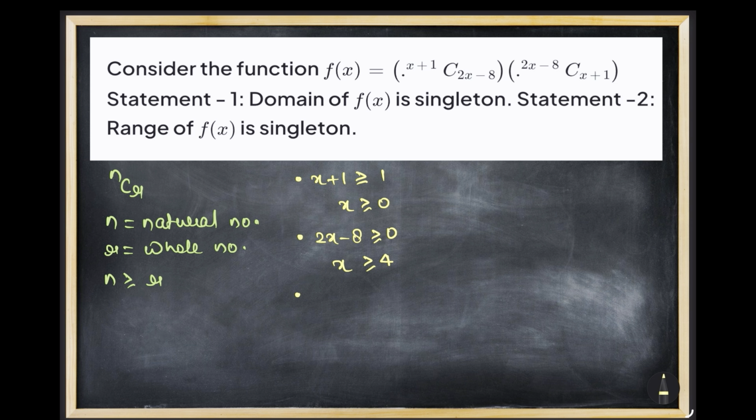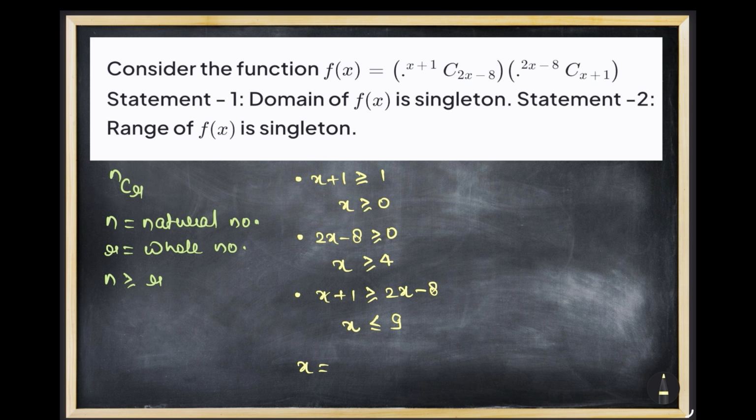Now, third point, the upper subscript has to be greater than or equal to the lower subscript. Correct? Now this x will go that side, will become minus x. So it will become x, and this 8 will come this side, so it will become 9. You have to take care of all the three things.